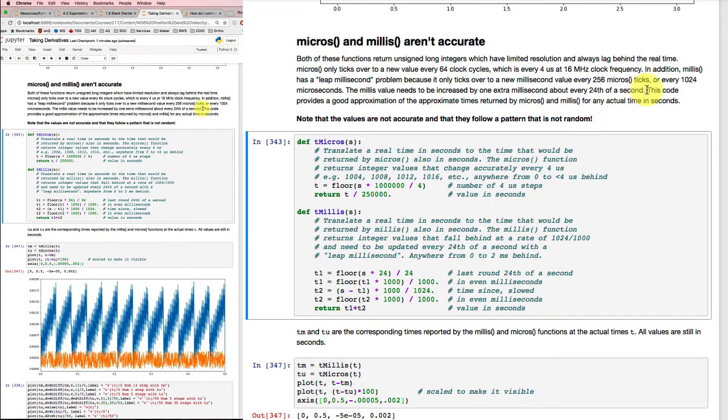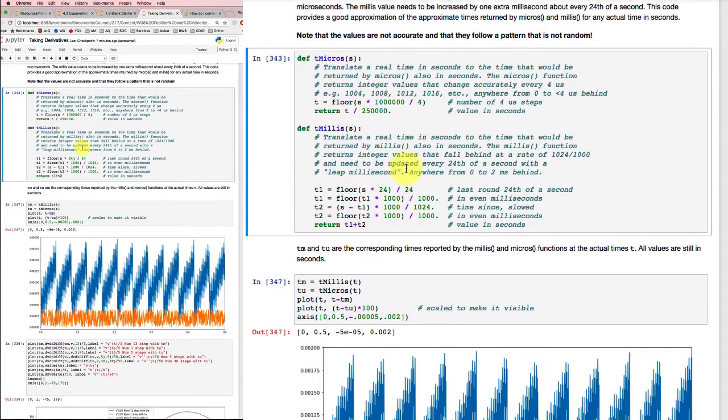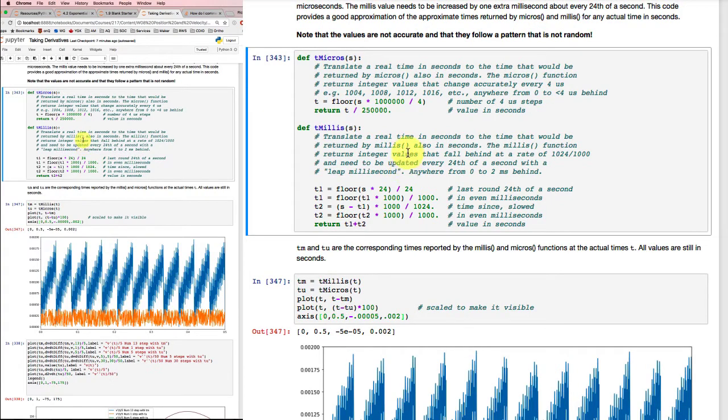And the code inside the Arduino looks after that. So this code here we can use for simulation to see what's likely to come out of that. And this will give us about the same kind of behavior as we actually get out of the real Arduino. So let's just have a look at it. This millis function is taking the time up until the last round 24th of a second.